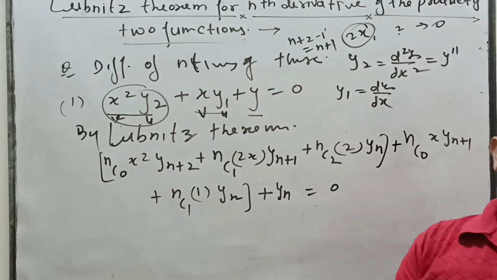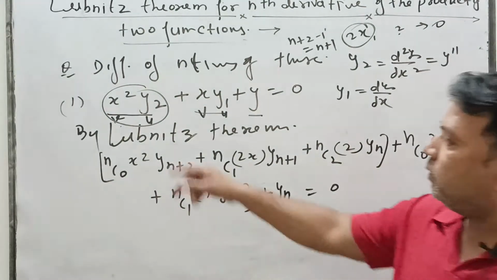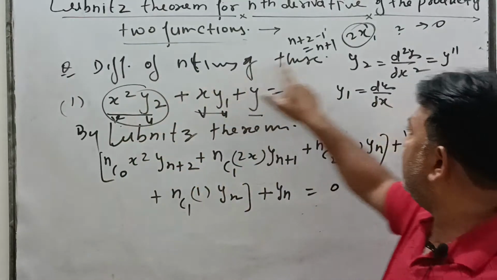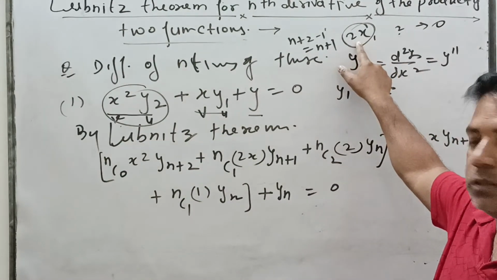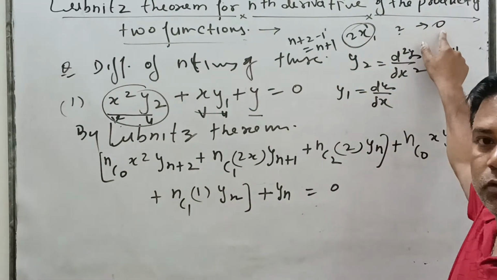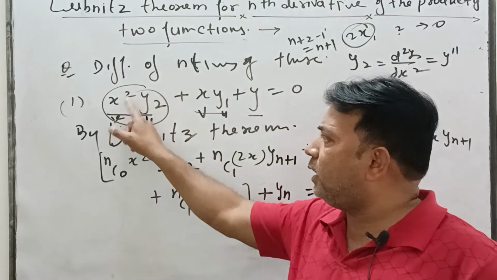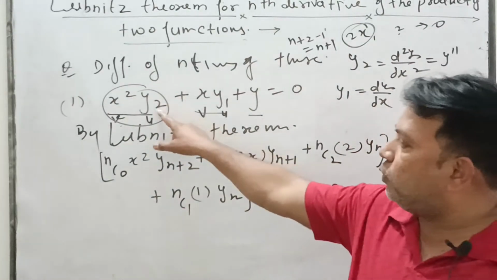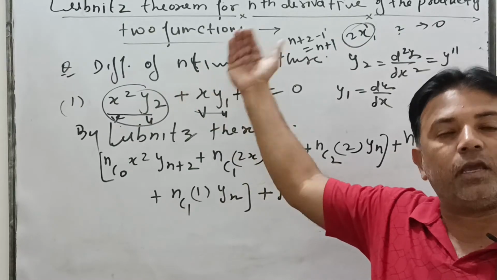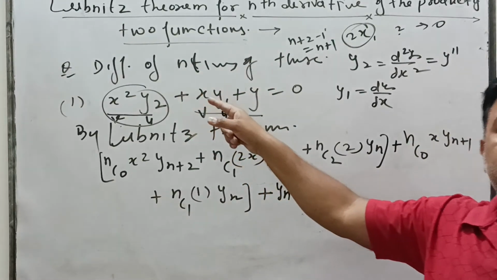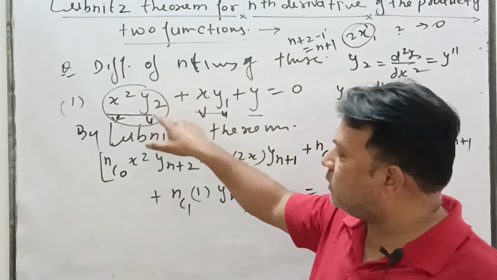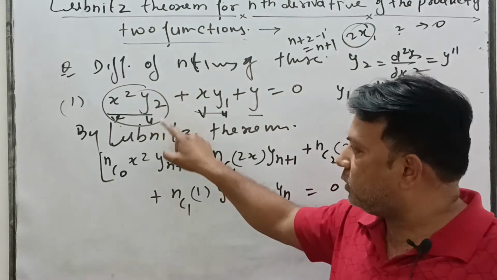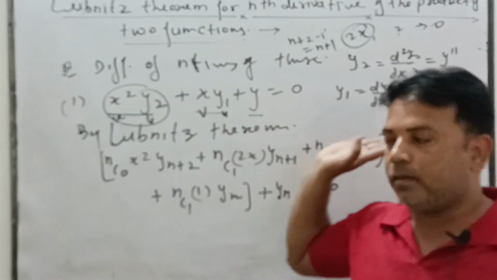Differentiating x square: first time 2x, second time 2, third time 0. We are not finding the nth derivative of x square, so this is not v. But y2 differentiated again gives y3, y4, never 0, so we find the nth derivative of this function: this is v and this is u.